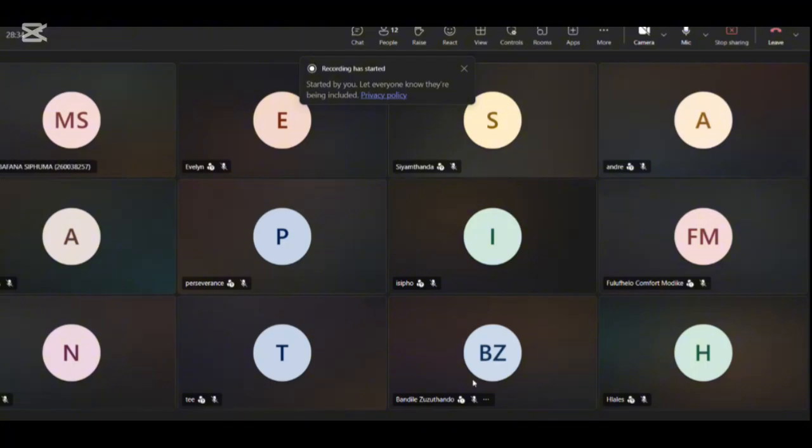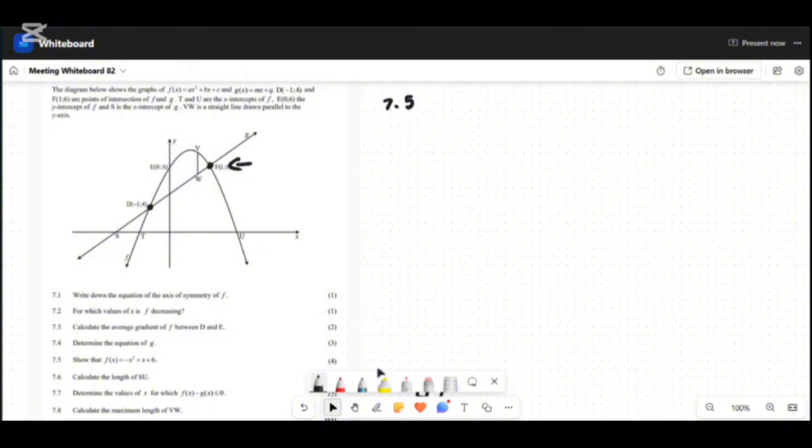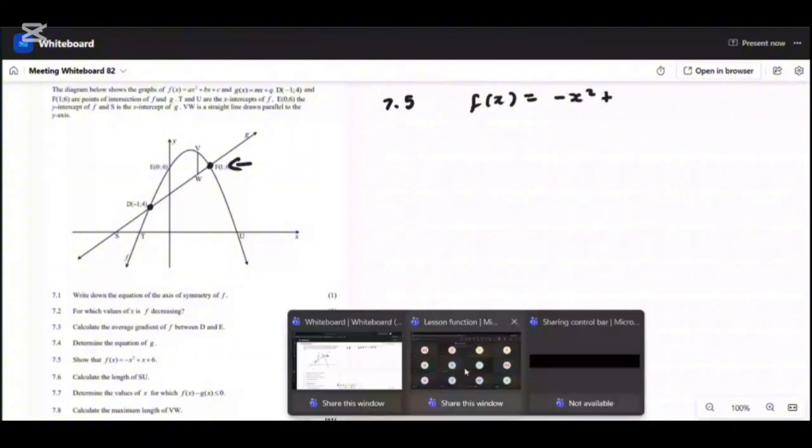Serious? Okay, it's fine. Okay, so they want you to arrive here. F of x is equal to negative x squared. Yes, I can't see your screen.